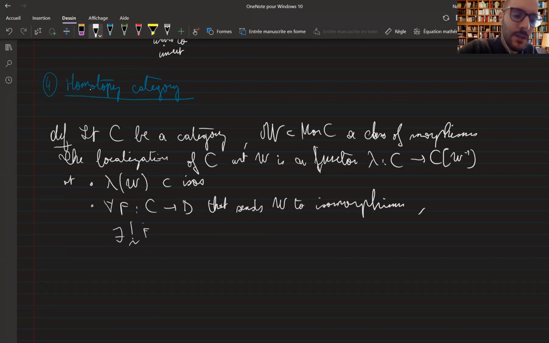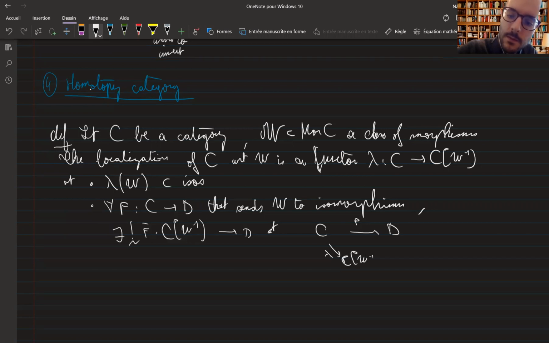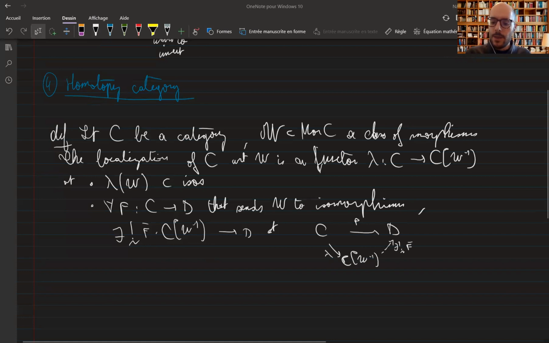There exists a unique F bar from C[W^-1] to D, such that the following diagram commutes. All right. This is what we did last time. Are there any questions before we go on about this definition?